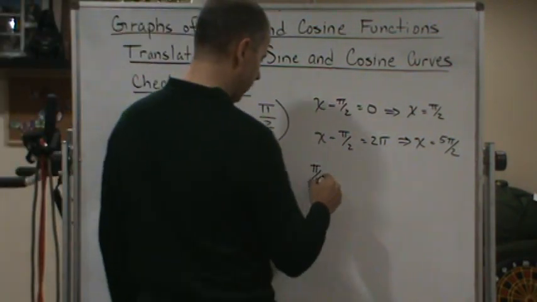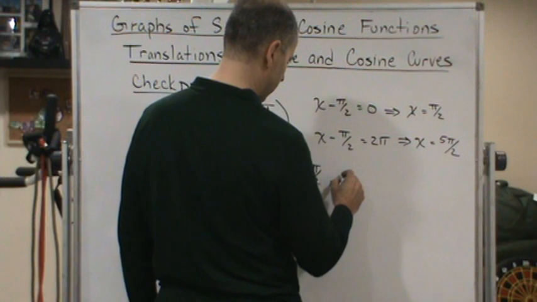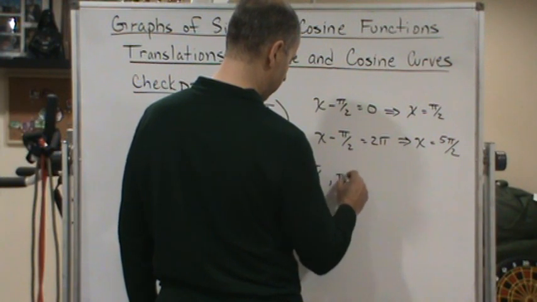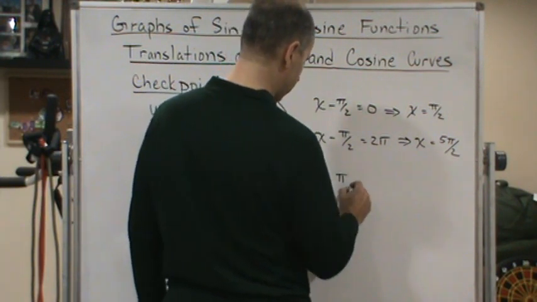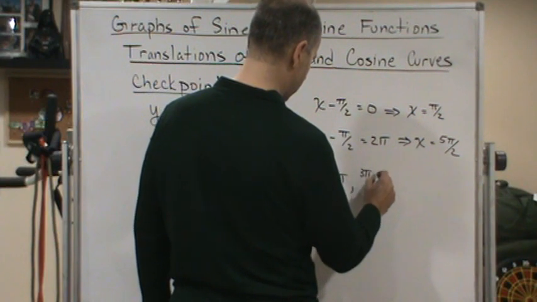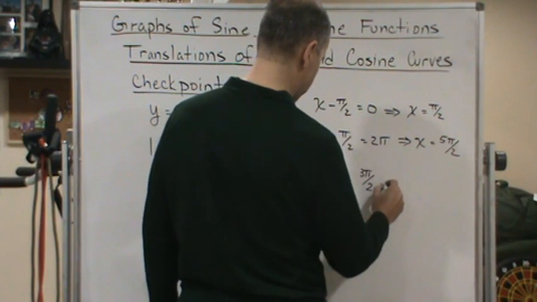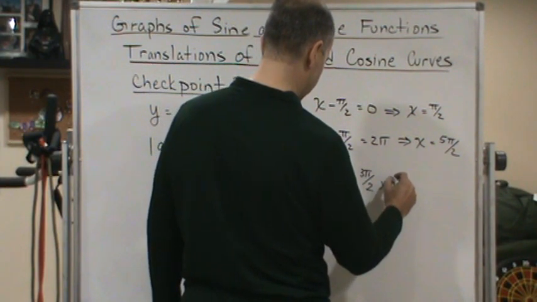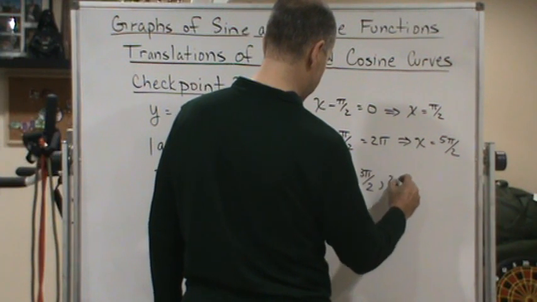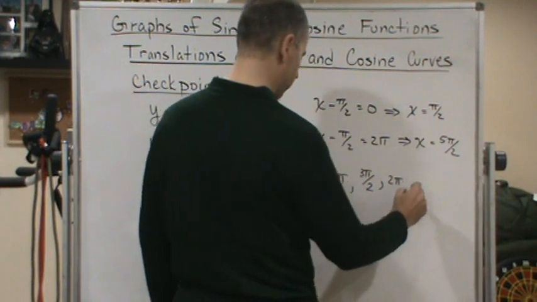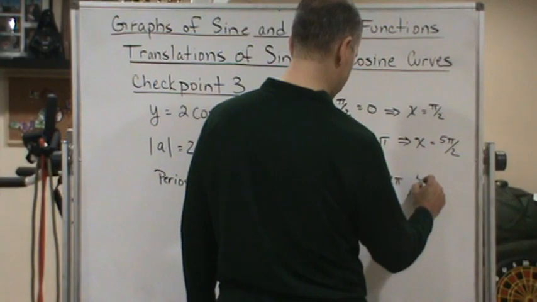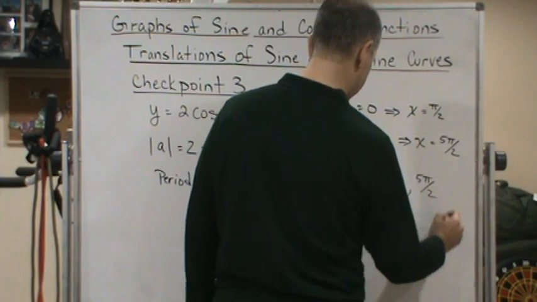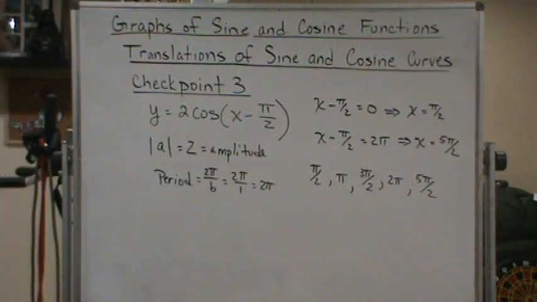So it'll be pi over 2, pi, then 3 pi over 2, then 2 pi, and then 5 pi over 2. So there are the points that we'll need to plot.